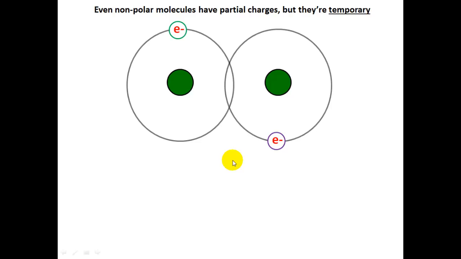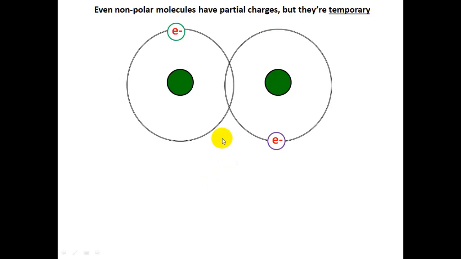Here's the thing though, the electrons that they are sharing with one another may not be moving at the same speeds. Let me show you that here. Because these are two hydrogen atoms that have the same electronegativity, this electron that they're sharing is going to spend as much time around the one hydrogen atom as it is around the other hydrogen atom.